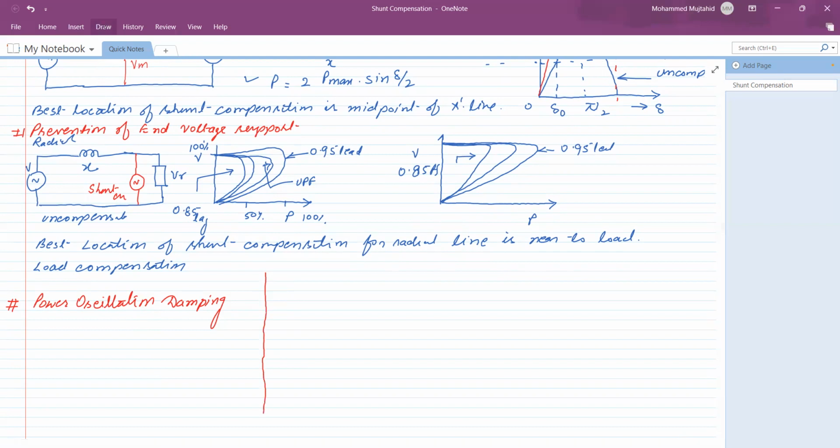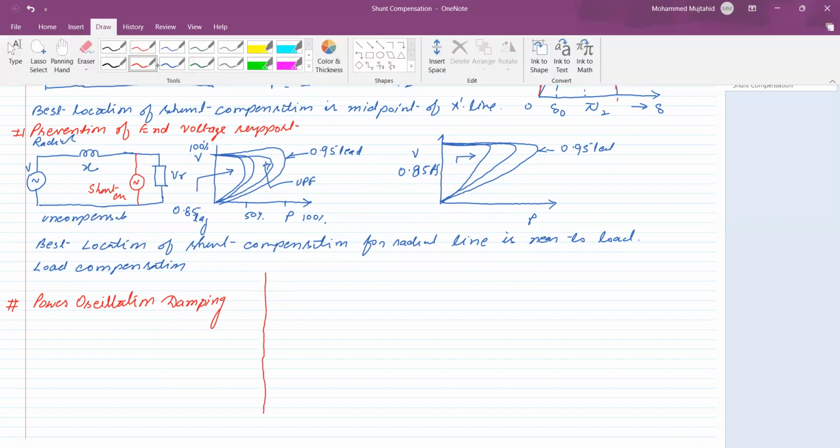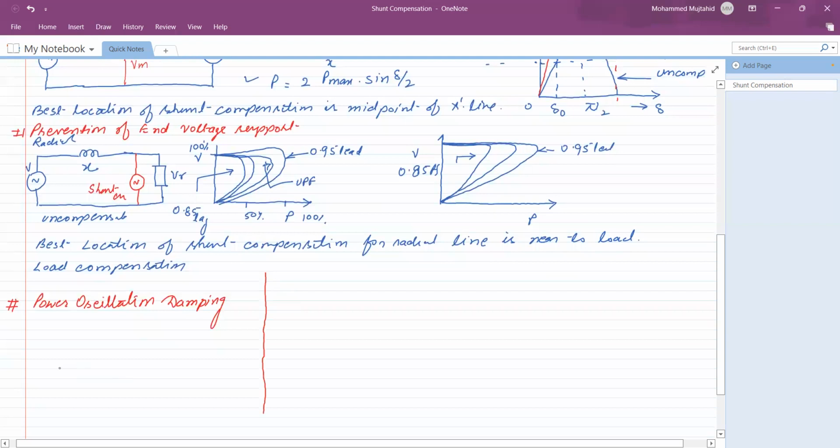What is that? Just with a small discussion, we can complete it. Say, for example, this is the initial position of the angle, delta 0. Suddenly load increases, so it will take some oscillation, and after some oscillation, it reaches the new equilibrium position, say delta 1.